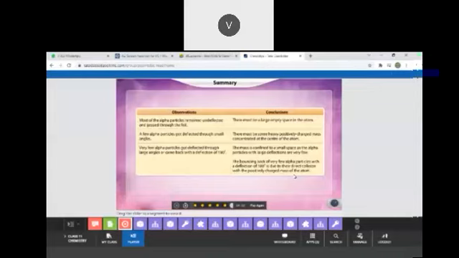Very good. And according to the second observation, a small number of alpha particles were deflected by large angles. It came to the conclusion that they might have come in contact with some similar charges. Yeah, right.